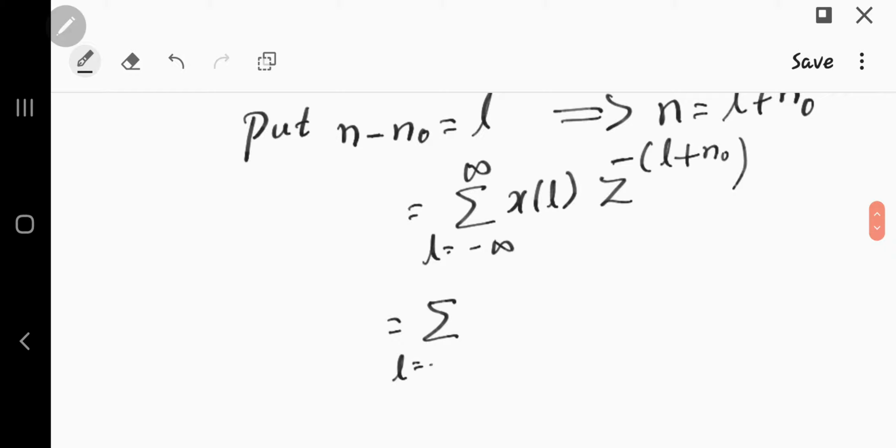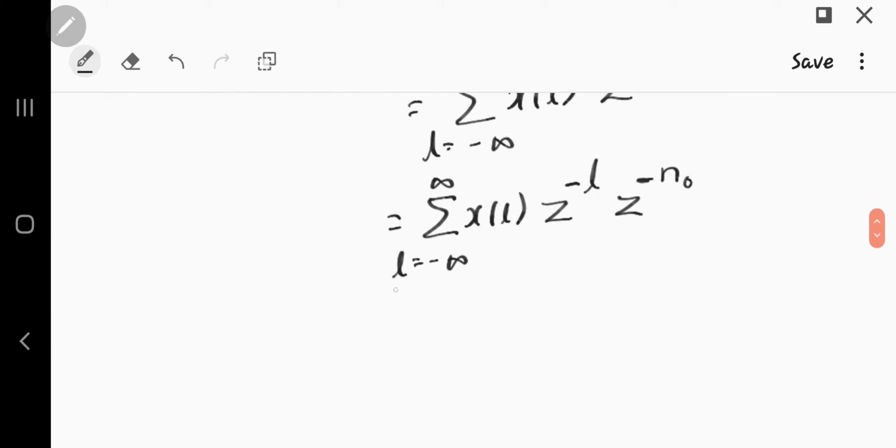So summation L equals minus infinity to plus infinity x of L z to the power of minus L and z to the power of minus n naught. Since the limit is L, this term becomes constant.